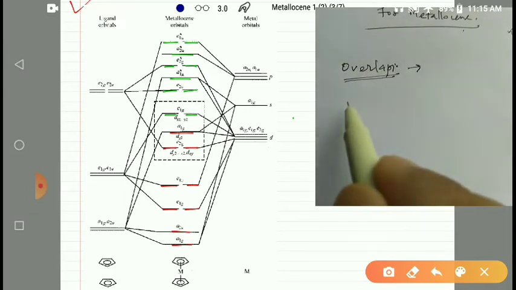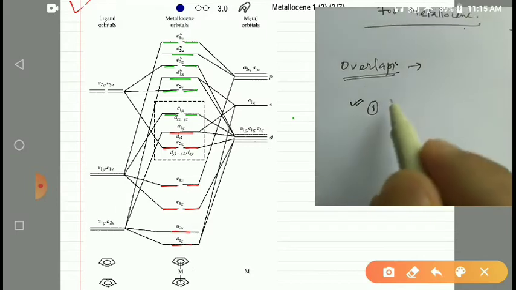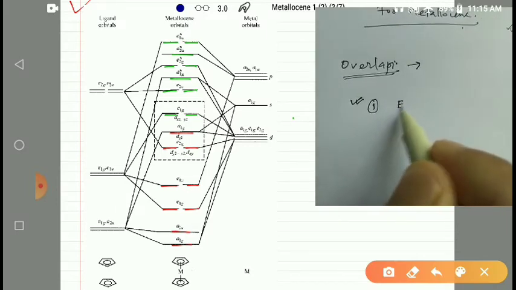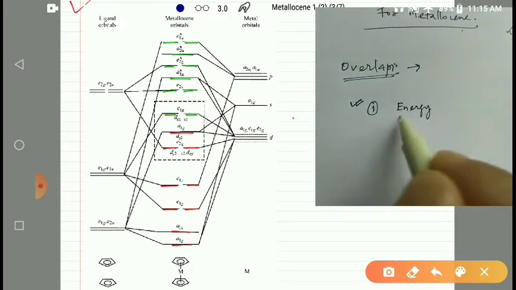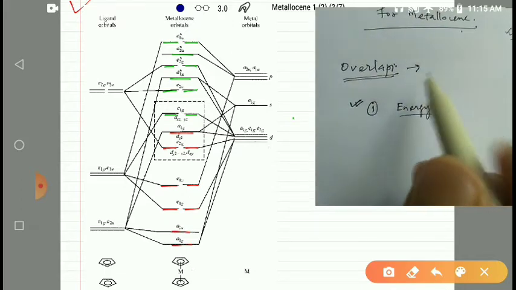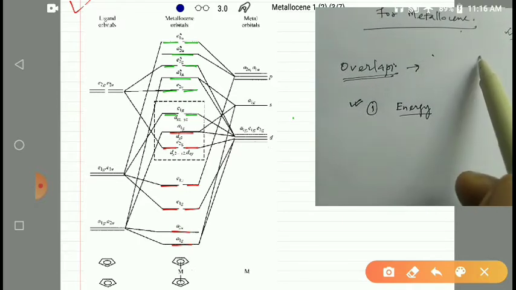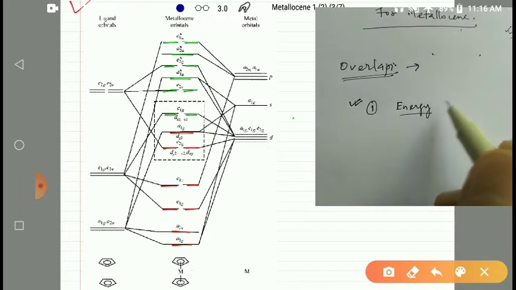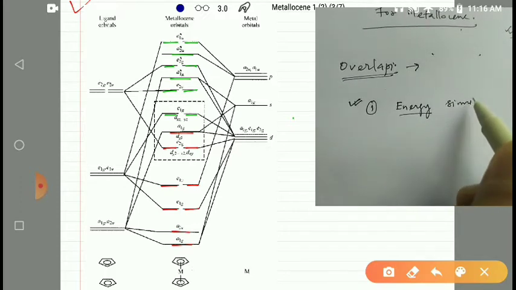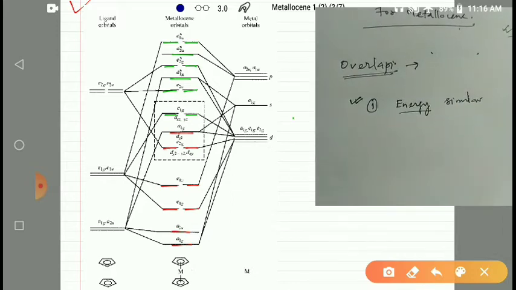And we have the idea that to overlap there are three conditions. The first one is the energy of the atomic orbitals, in this case atomic orbitals of the metal and ligand orbitals of the two ligands. So energy should be similar. Similar means they must have an equivalent amount of energy.